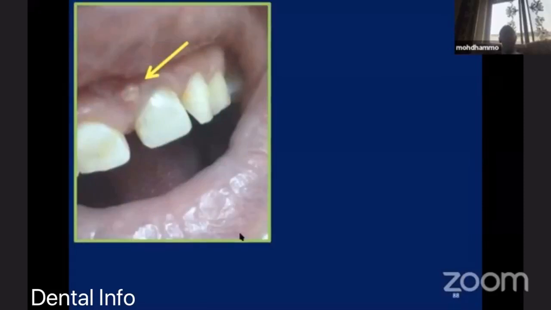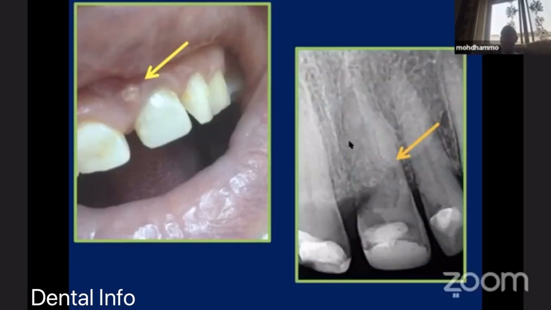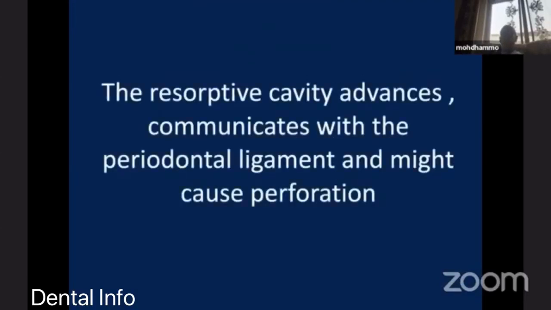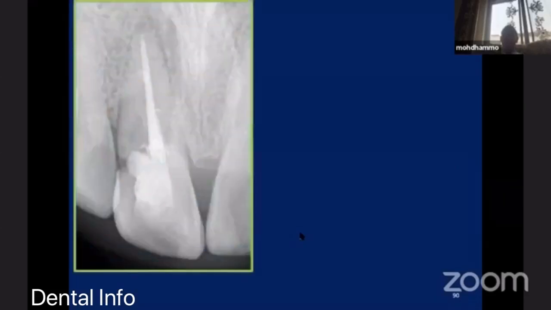Like this patient here, he visited me suffering from this sinus with no pain, nothing. He came just to know what's happening. I took an X-ray and unfortunately you can see that this whole part was destroyed by resorption. As the resorptive cavity advances, it communicates with the periodontal ligament, and again it might cause perforation like this.